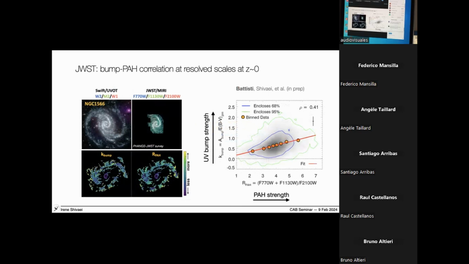If you're familiar with it, it was one of the early science programs with JWST, where they looked at local nearby galaxies in different bands from NIRCam and MIRI. With MIRI, you can very nicely trace the PAH emission in the mid-infrared. And if you combine it with data in UV, here with SWIFT data, you can look at the correlation between the PAH strength and the UV bump.